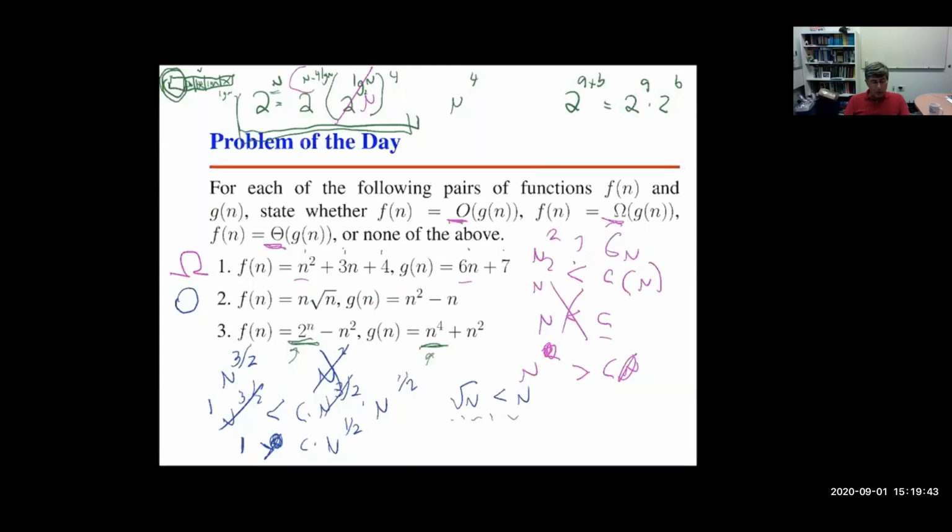So how does 2 to the n compare to n to the 4th? This has got to be much bigger because we can cancel this and cancel this. And what we have left keeps getting bigger as n gets bigger. So this is an argument that this side has to be bigger than that side. And we are back in the relationship of this being an omega. Any questions about that?